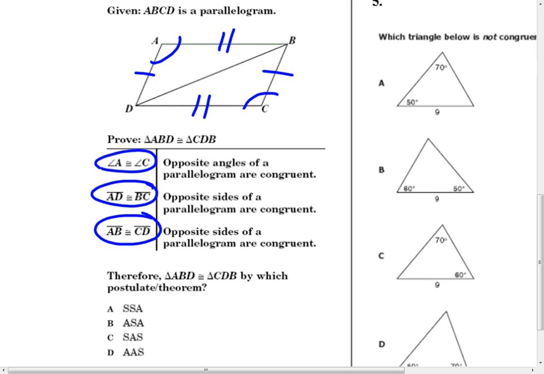So I'm only using that information. What would we normally put in the center? What kind of property? Reflexive. They're not showing that on there, so we're not using that. We're only using what's here in this little universe that they've created. So given that information, what am I looking at? I'm looking at an SAS situation.